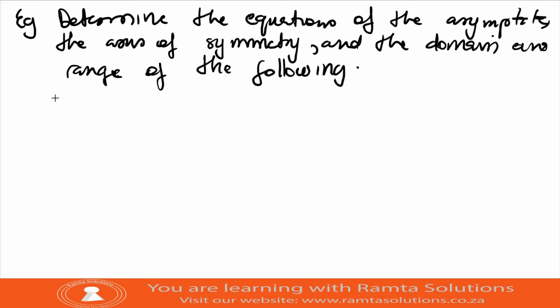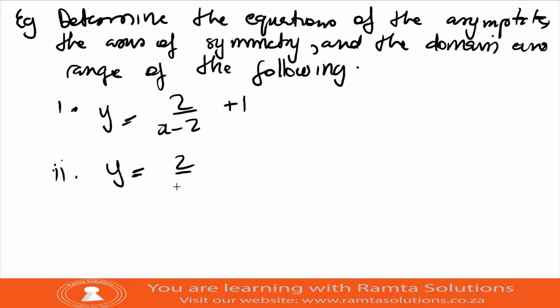Graph 1, y equals 2 over x minus 2 plus 1. Graph 2, y equals 2 over x minus 2. Okay? Now, let's deal with number 1.